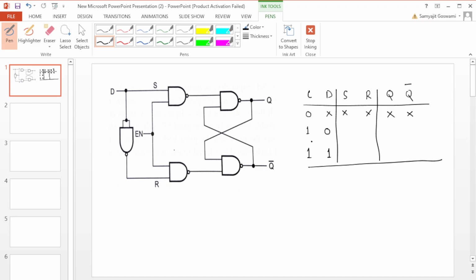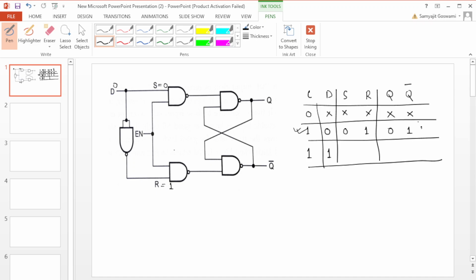If D equals 0, D comes directly here, so S is equal to 0 and R is equal to 1. Based on the SR flip-flop principle, we know the output will be Q equals 0 and Q bar equals 1.